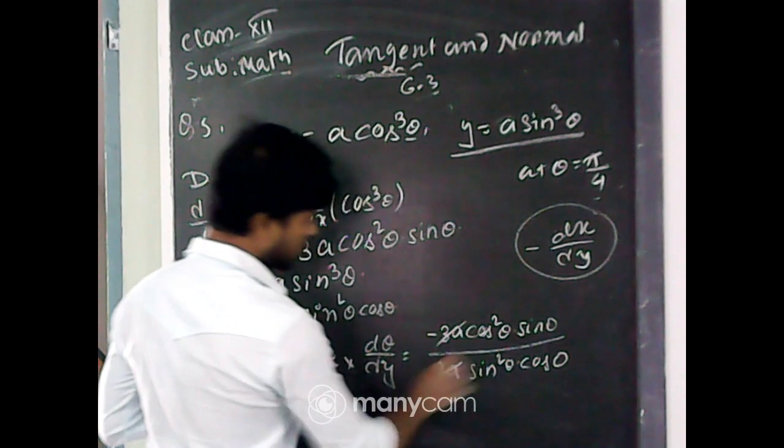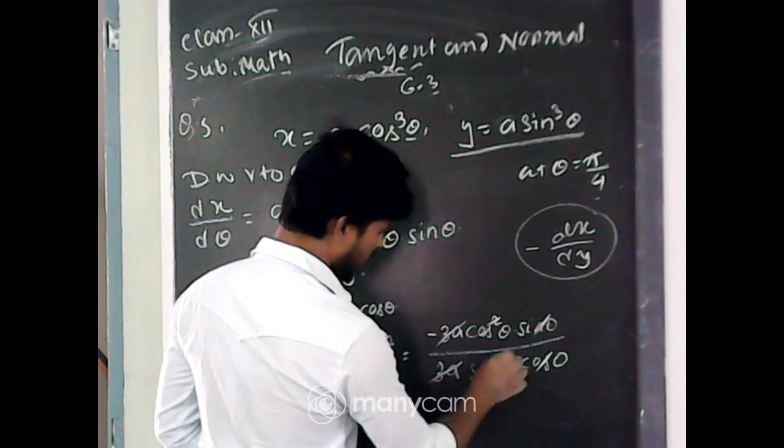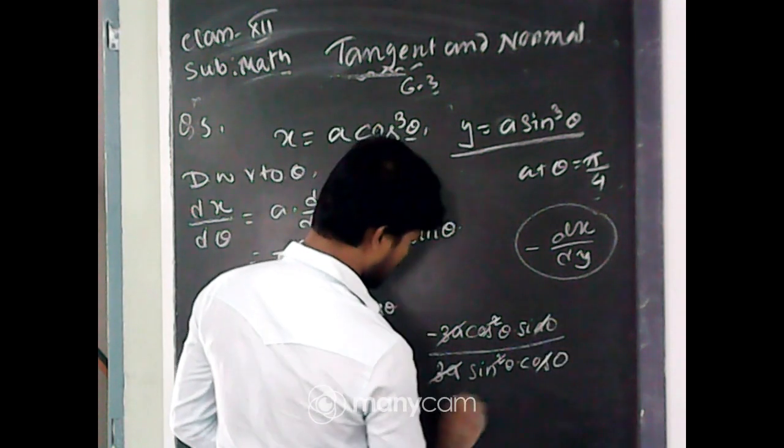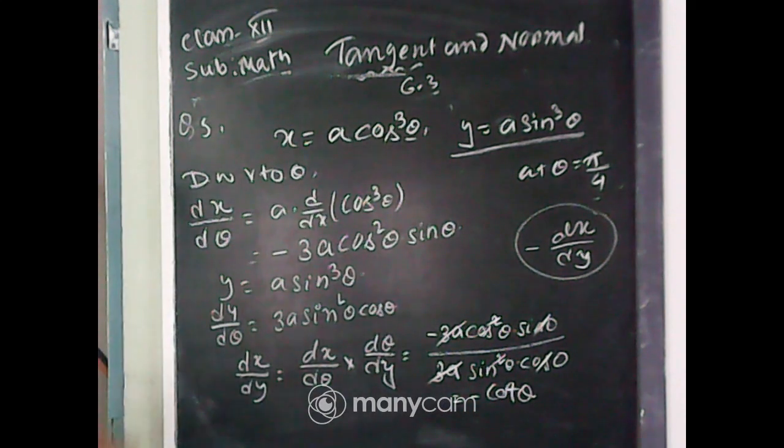Now 3a will cancel each other, cos square theta, cos theta, sin theta and sin square theta. So the answer is minus of cot theta. Answer is minus of cot theta.